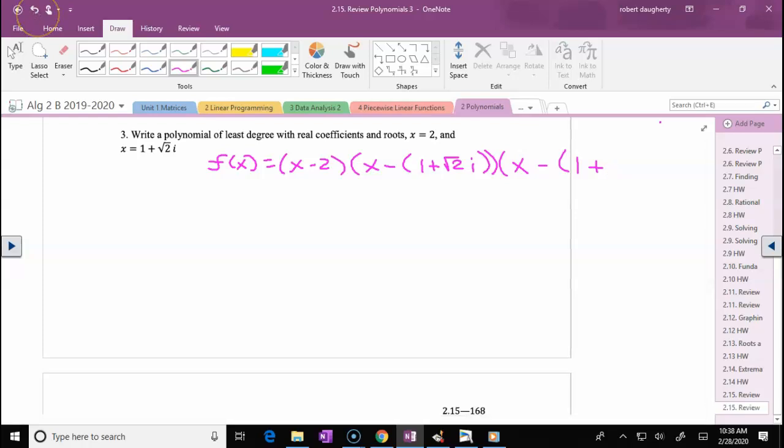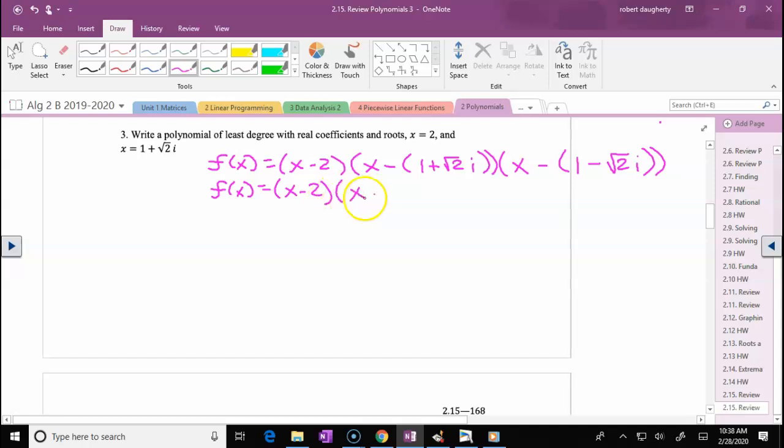And then I must also have 1 minus square root of 2 times i. So I need to multiply. So this is going to give me f of x equal x minus 2, x minus 1 minus, why don't we write it like this, i root 2, x minus 1 plus i root 2. So I don't get confused, that i is not under the square root sign.